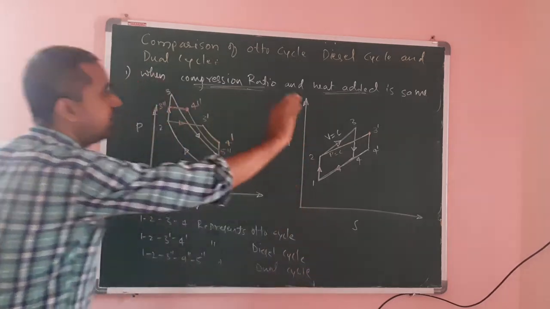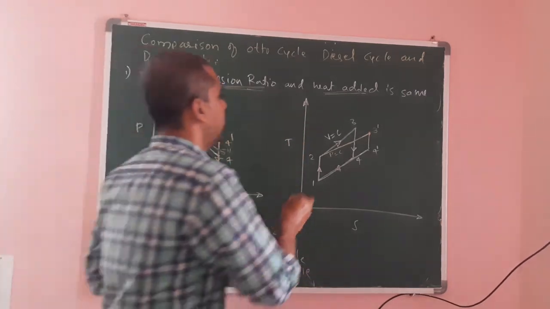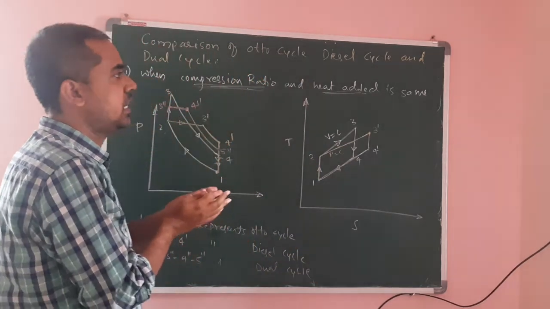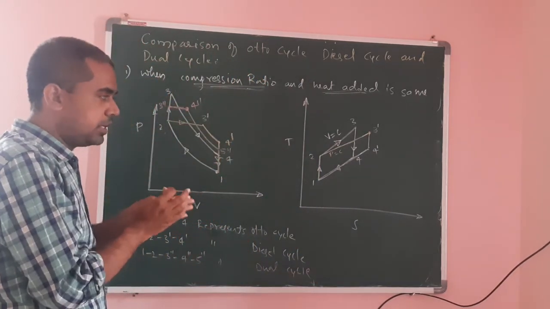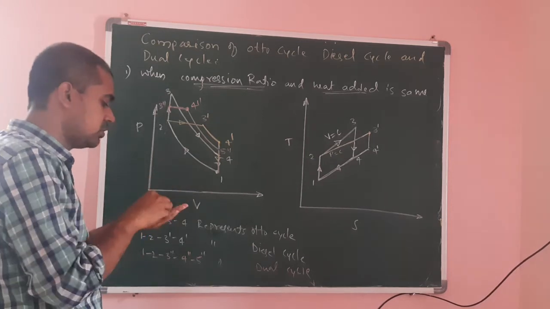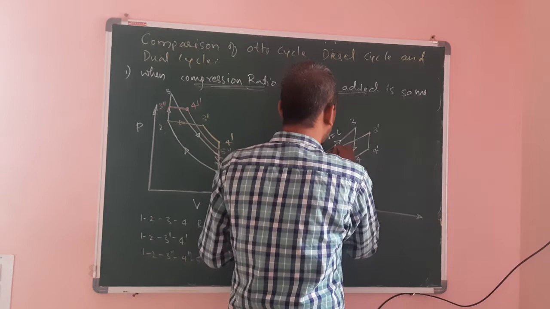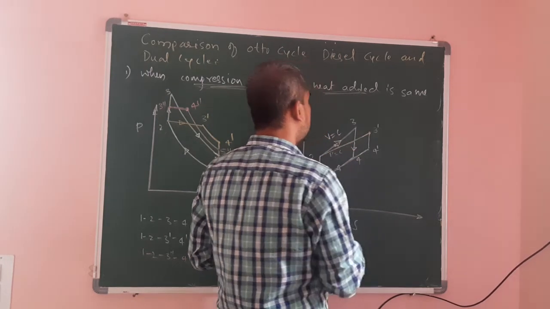If I draw it on a TS diagram, what happens? Till here 1 to 2 is the same because the compression ratio is the same, therefore the 1 to 2 process will remain the same. But for 2 to 3, it will stop here only.